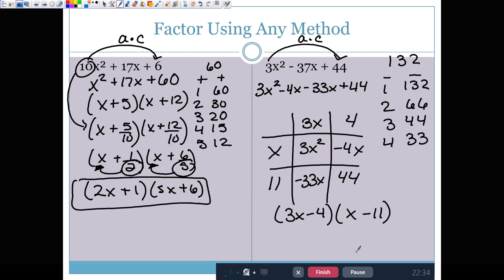I guess if I pulled out a negative 11, that would make the other one negative then, and that would be confusing. So that's why sometimes the box method isn't good to use on problems like this, because otherwise you're going to be confused by your signs. Okay?